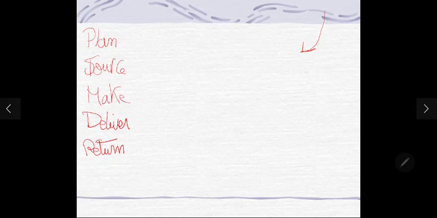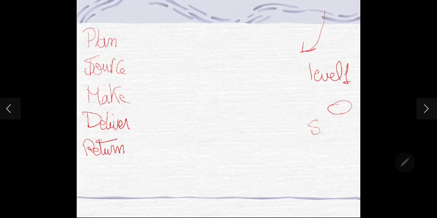That's why this is called in a supply chain level 1. Because before you do any further analysis, you need to classify the task that you're doing. If I'm buying something, then is it a plan, source, make, deliver, or return?